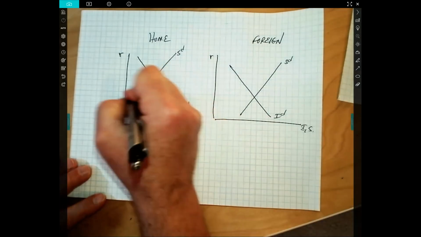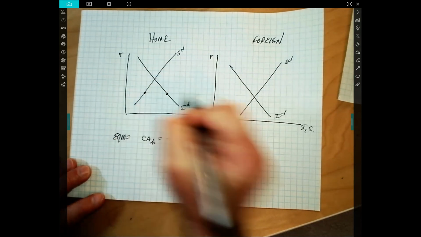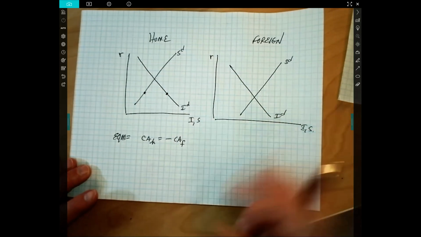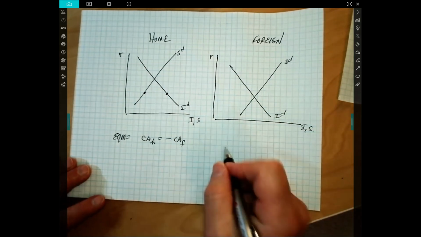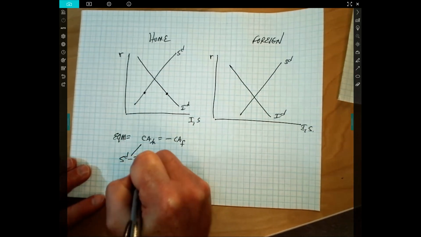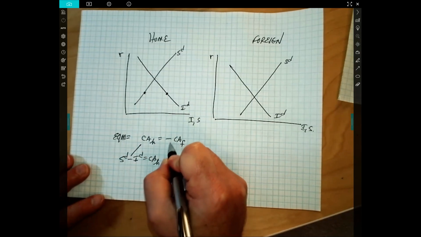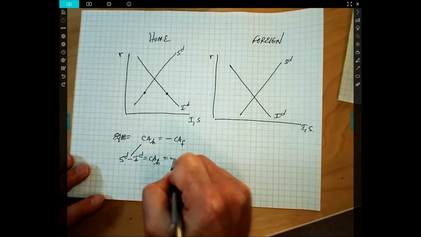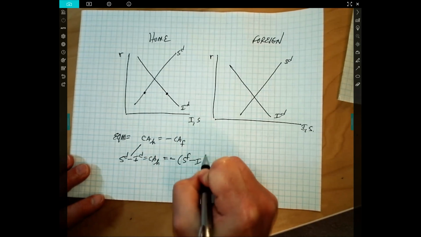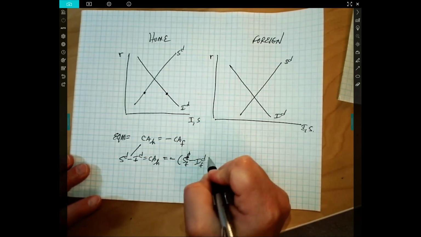So at any given interest rate, the difference between these saving and investment curves is equal to the current account. Saving minus investment is the current account in the home country, minus saving minus investment, the desired saving in the foreign.